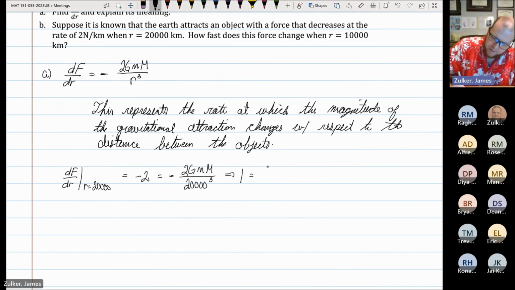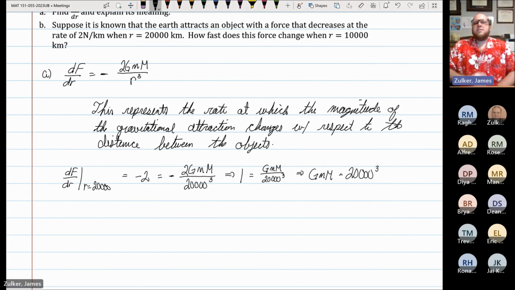This means that 1 is equal to G little m big M over 20,000 cubed, which gives us a constant of 20,000 cubed.